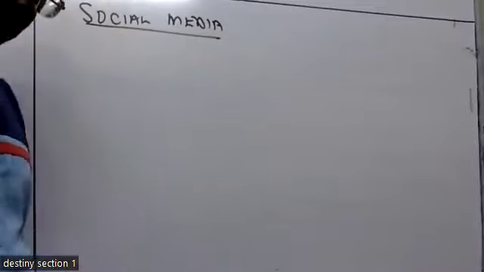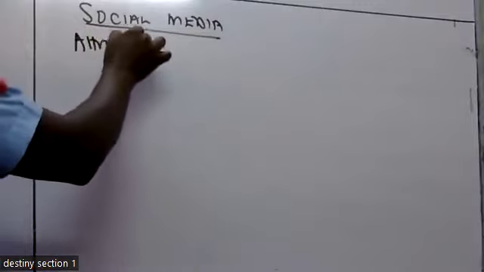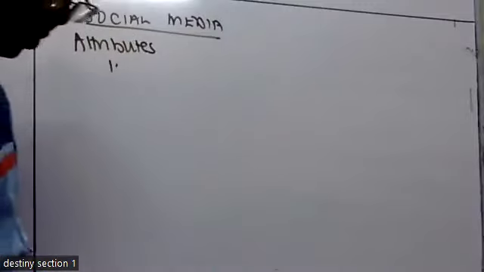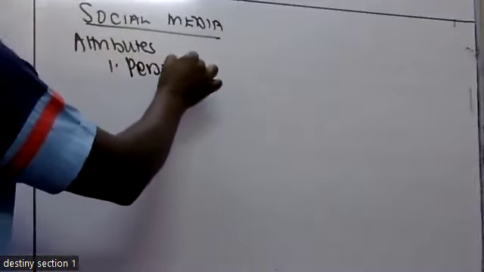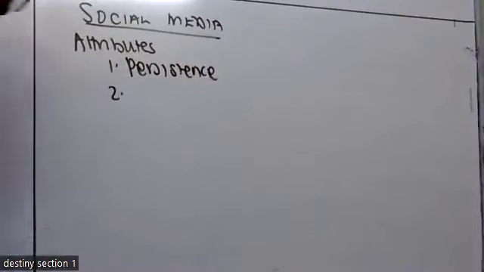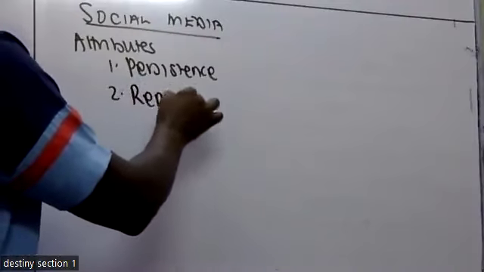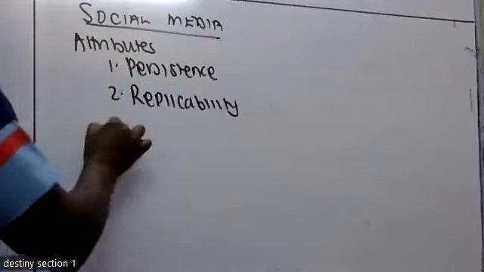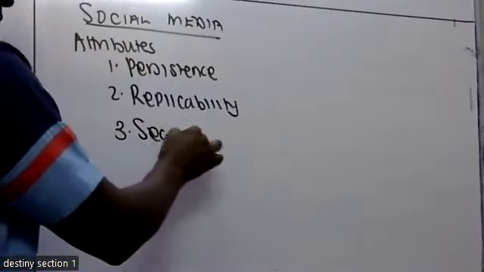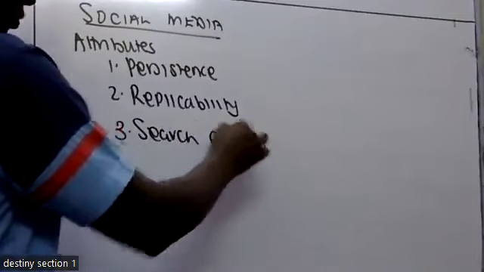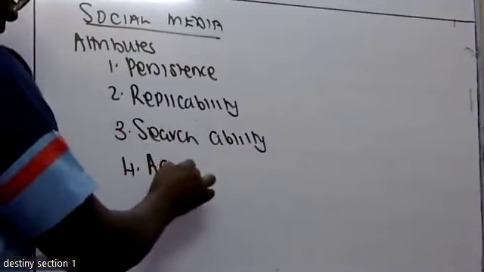Social media has the following attributes. One is persistence. Number two is replicability. Number three is searchability, you can search materials. Number four is accessibility.